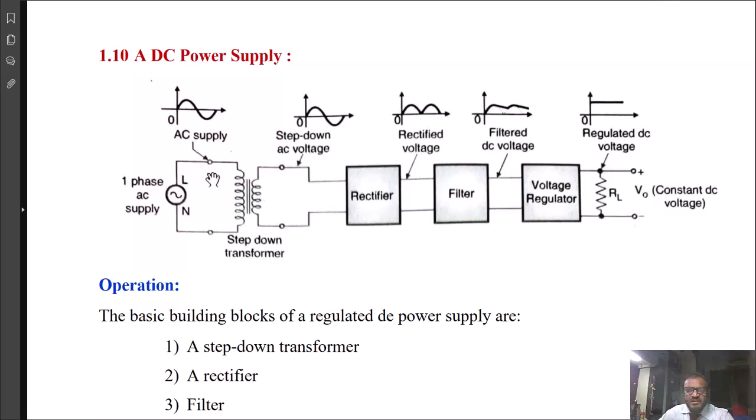Accordingly, the regulation terms for the total rectifier and filter circuits are somewhat poor, and therefore we add an electronic regulator circuit here whose function is to reduce the variation in DC. We can say that this regulator further reduces the ripple content which is present at the output of the filter.